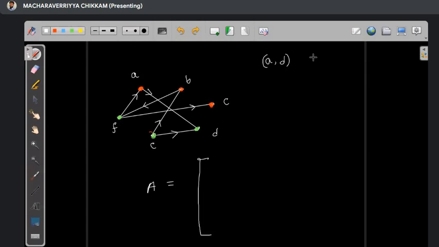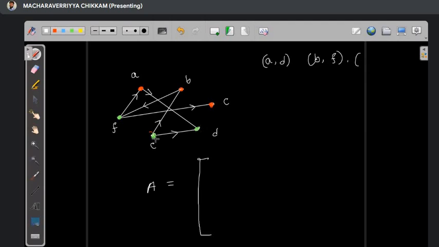Next, let me think about B. Starting at B, BF. And starting at C, there is no edge starting at C. Then starting at D, no edge.